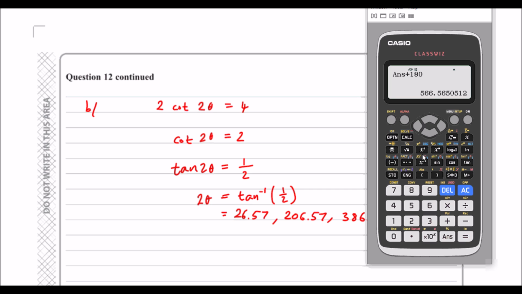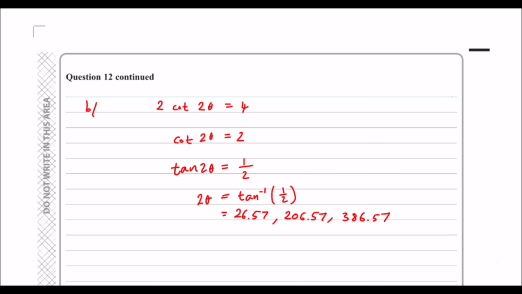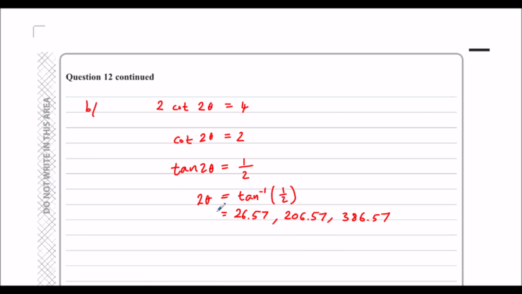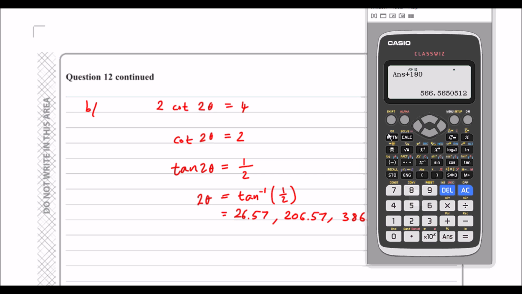When we halve these, they're going to be bigger than 180 degrees. So the only one we actually want is this 206. So we stored it as A, divide it by 2, so 103.3.